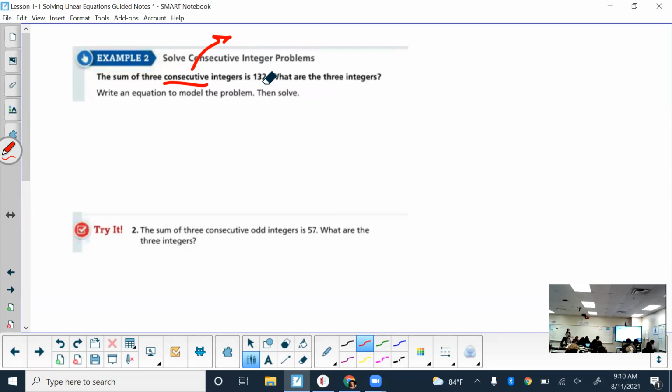5, 6, 7, 8. 27, 28, 29. Right? So consecutive integers are numbers that are right next to each other. So numbers right next to each other or going up by 1 each time.